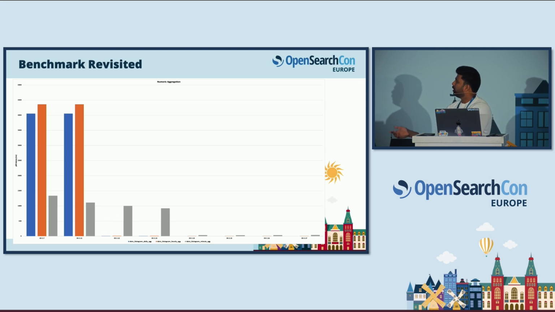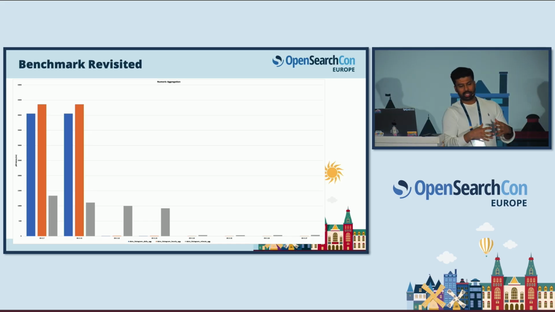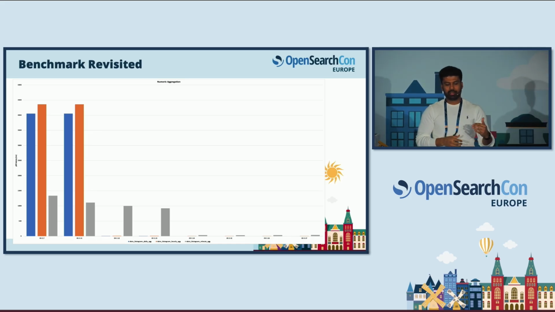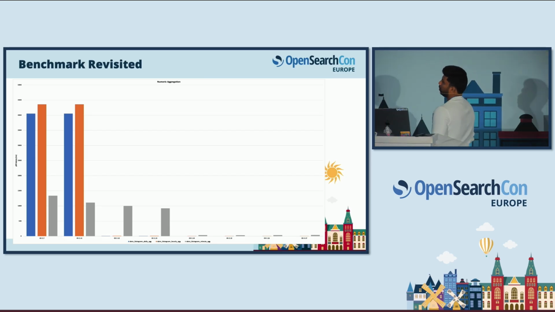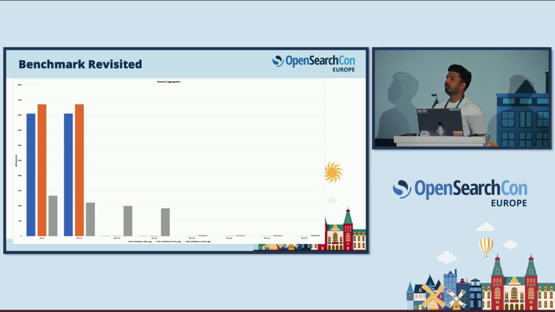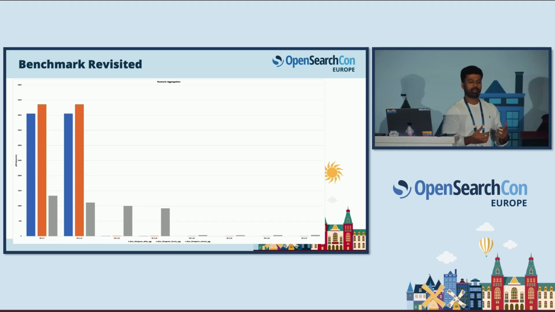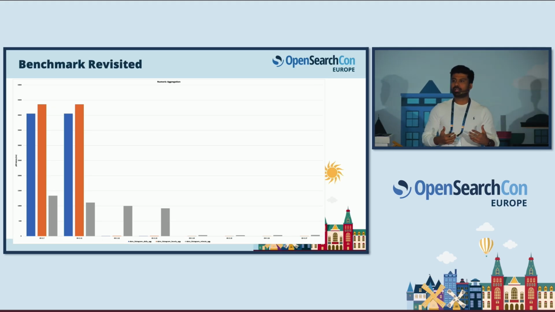So let's revisit the benchmark. Now we can explain how we were able to get this performance improvement from 2.11 to 2.12 for daily and hourly aggregations, because daily and hourly aggregations did not have a significant number of buckets.